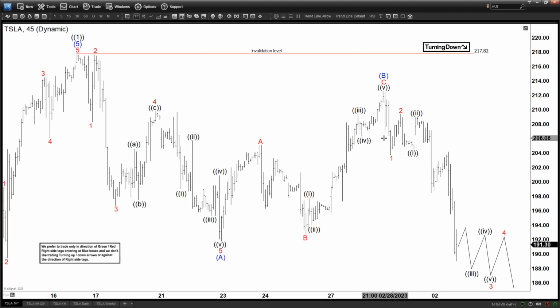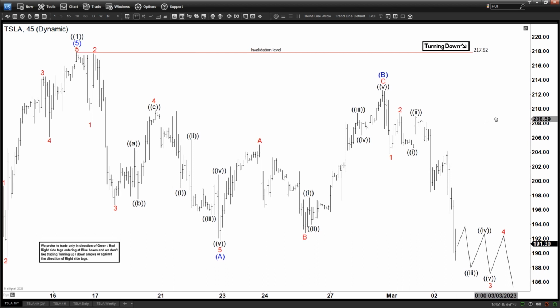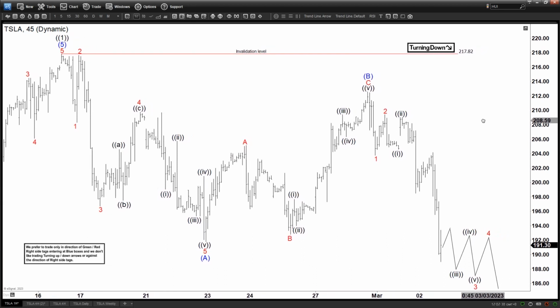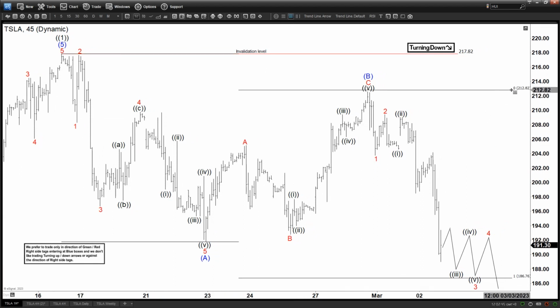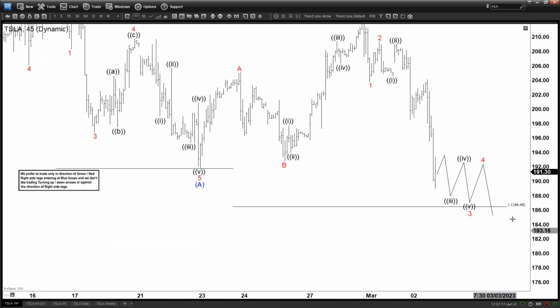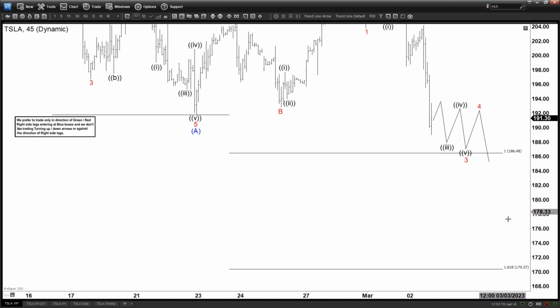Now in terms of potential target lower, whether it is an ABC or WXY, which are the two main corrective structures, the potential target is always going to be 100%, technically between 100% and 161.8.